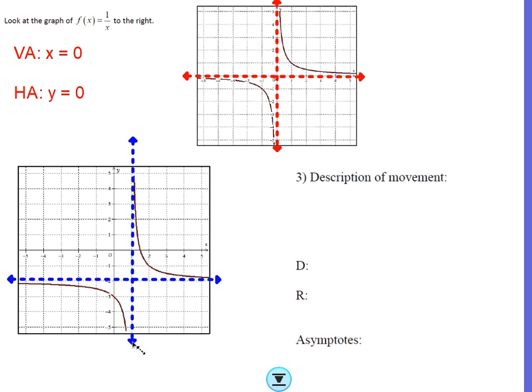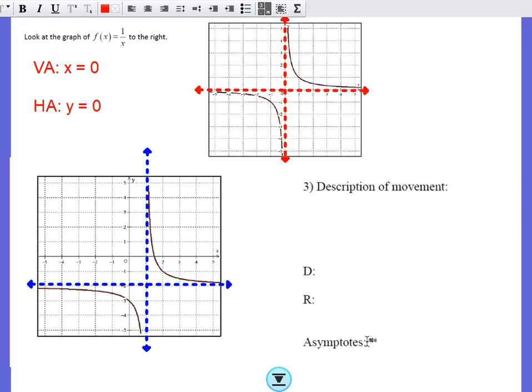The horizontal asymptote has gone down 2 and the vertical asymptote has gone right 1. So the asymptotes here, we have our vertical asymptote as x equals 1, our horizontal asymptote as y equals -2.